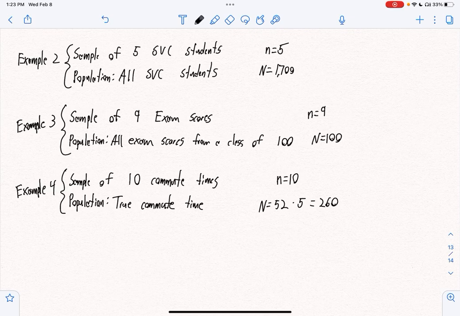So if I wanted to know what my true commuting time is, I would have ideally sampled all 260 of my commutes that I've done since I've lived in this current apartment. So that's our population. And again, what we're doing is just we take a sample to calculate some sample statistics with the idea that we can extrapolate out to a population parameter.